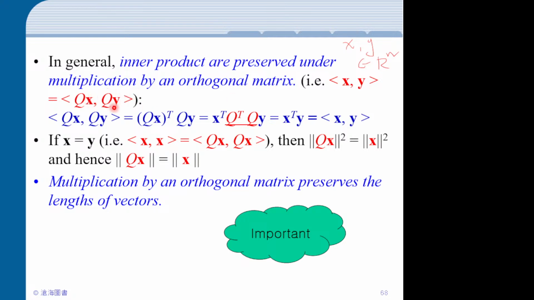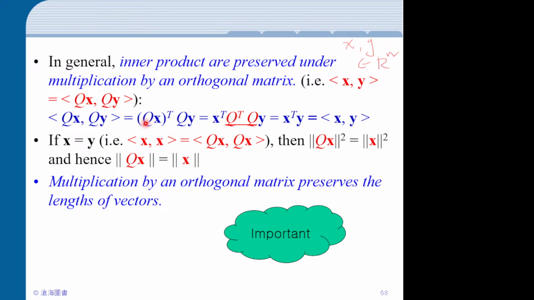Now we are doing all the calculation in the standard basis, so the Qx, Qy inner product is just (Qx) transpose times Qy. Now everything is a matrix, so we do the usual matrix multiplication.